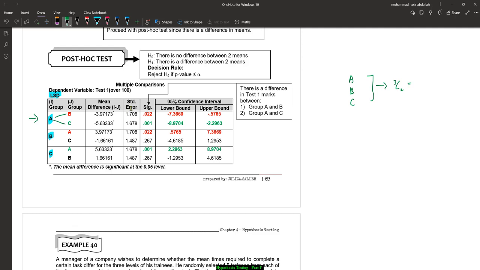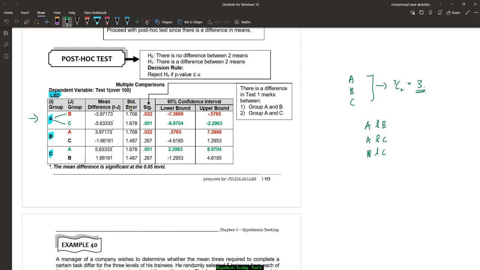Right, remember STA 416. 3 choose 2 should have 3 comparisons. Maksudnya A and B, A and C, B and C.